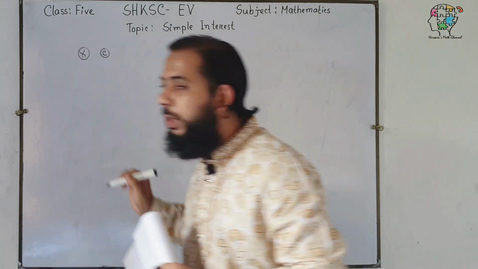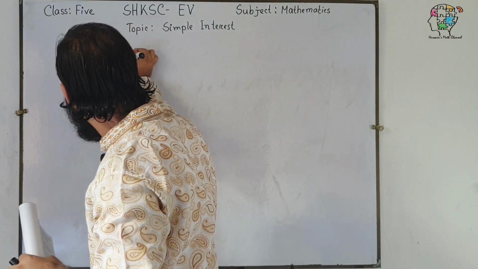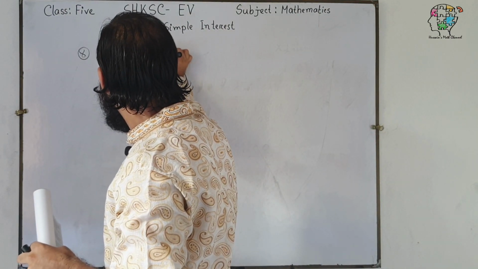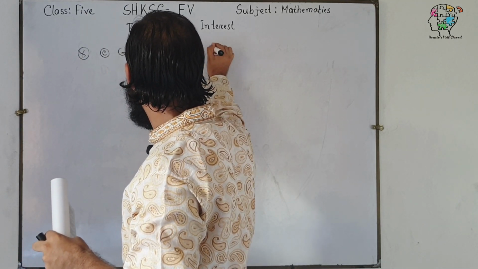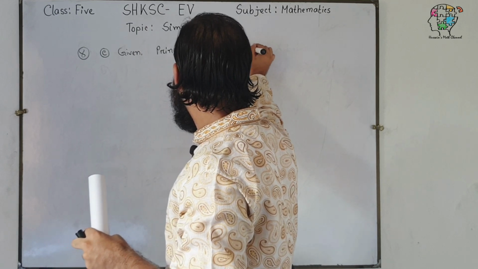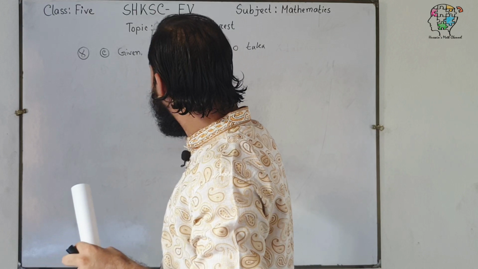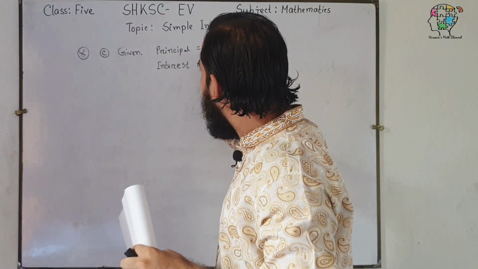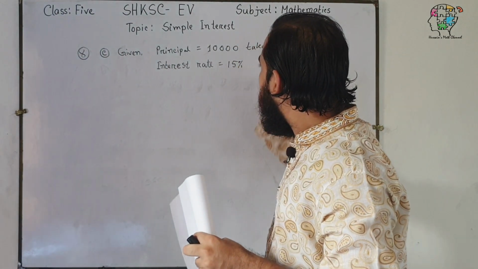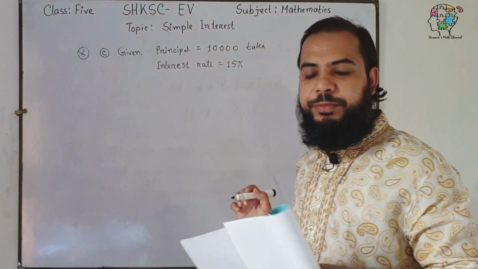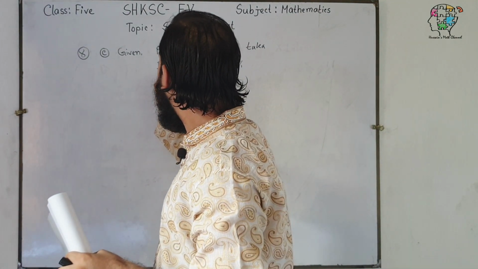The principal is what we got in A. So we can write given: principal is equal to 10,000 taka, interest rate is equal to 15%, and we have to find the annual interest.